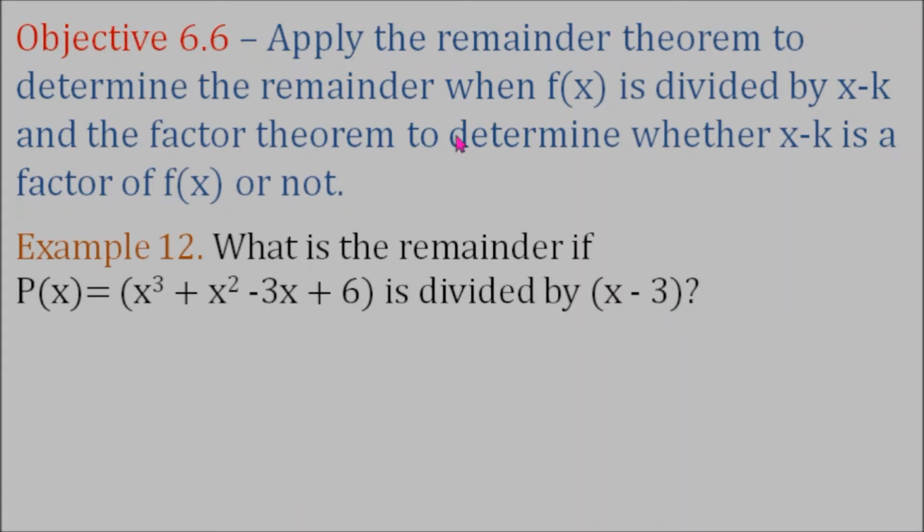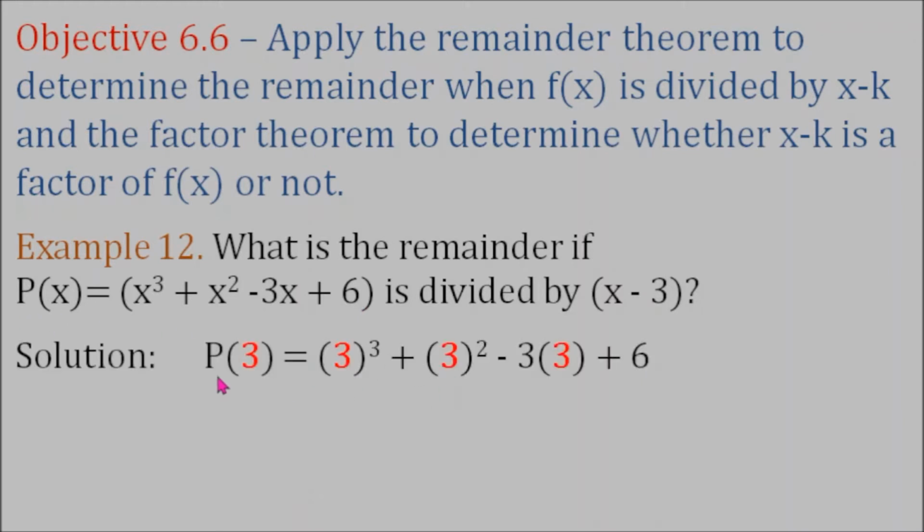So by remainder theorem, we are going to substitute 3 into all the x's we have in our function. So that becomes p of 3 equals 3 cubed plus 3 squared minus 3 times 3 plus 6. Then we are going to simplify this.